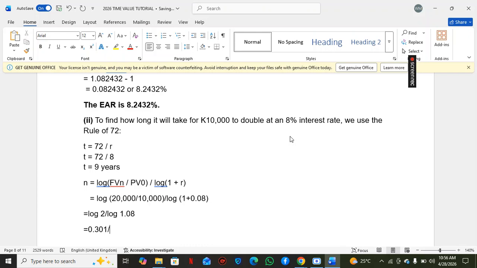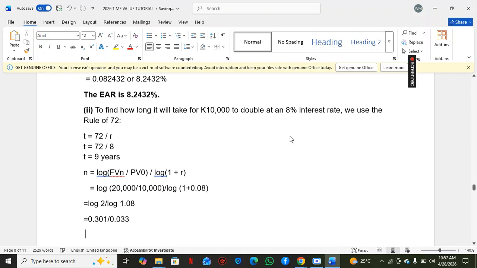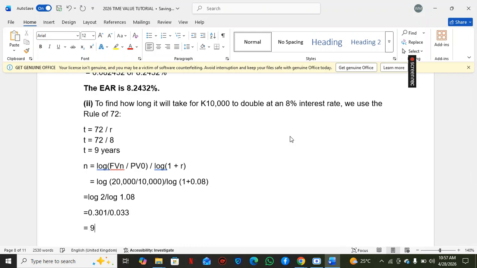Log 1.08 is 0.033. So 0.301 divided by 0.033, you get 9.12, which is 9 years.